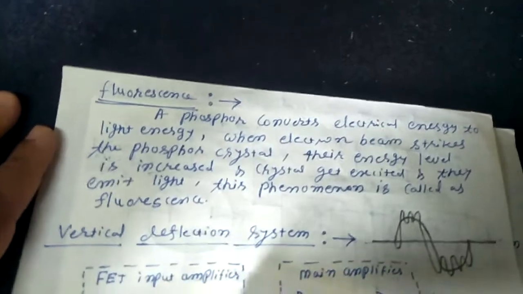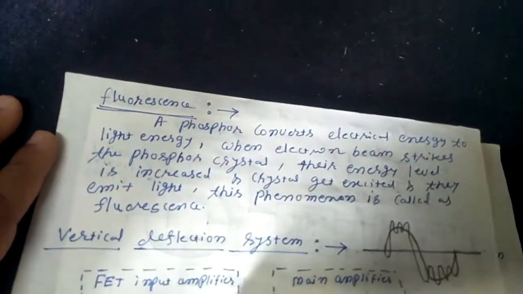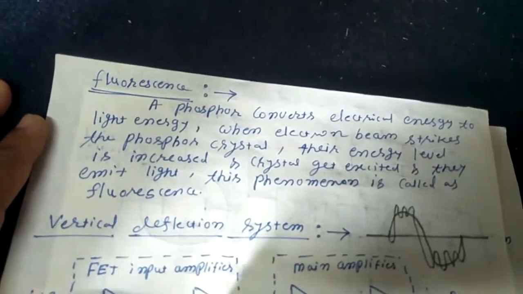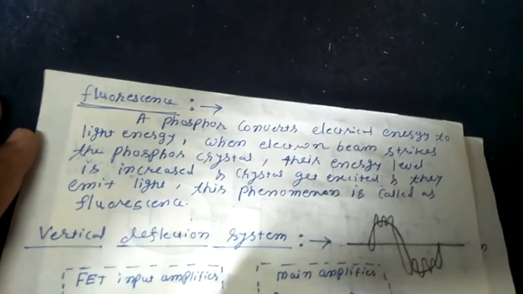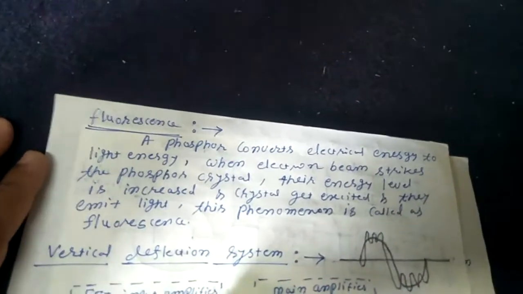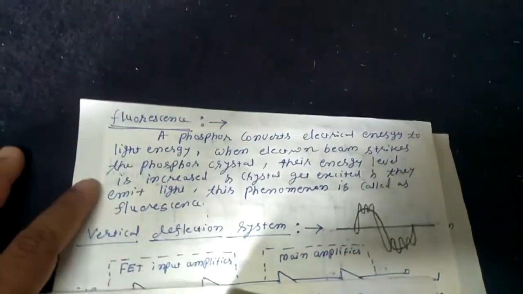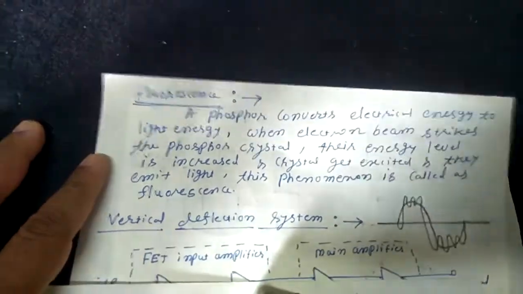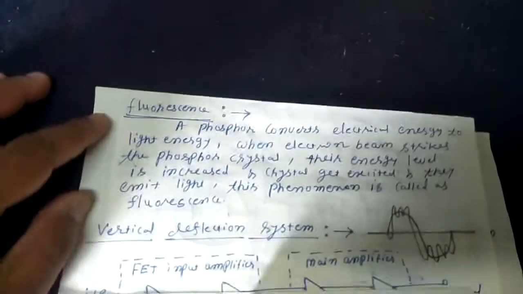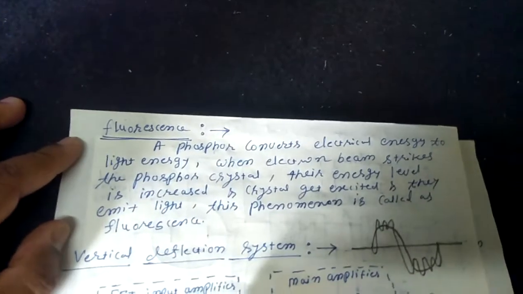When they strike the screen, their energy level increases, the phosphor crystals get excited and they emit light energy. This phenomenon is called fluorescence. Electrical energy is converted into light energy, and we can observe the waveform on the screen because of that light beam.